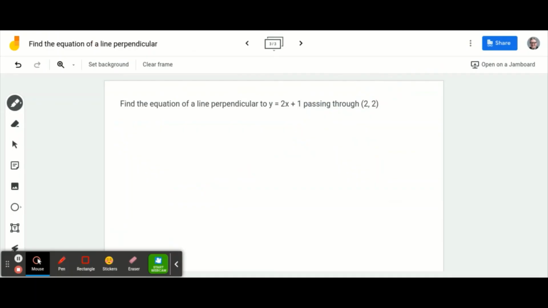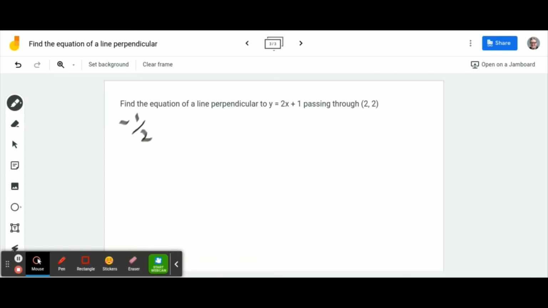So, to find the equation of a line perpendicular to a given line, we need to find the slope of the line perpendicular to this. And here the slope is 2, and the negative or opposite reciprocal will be -1/2.